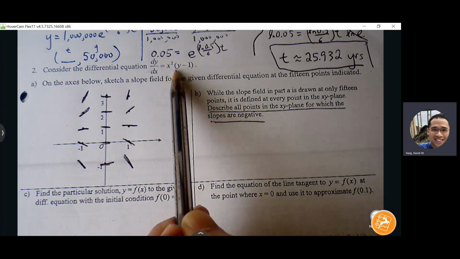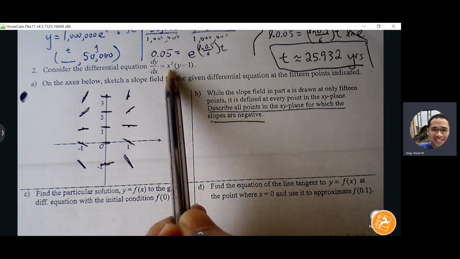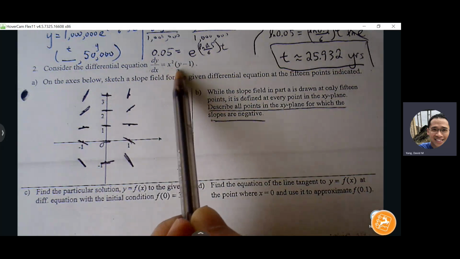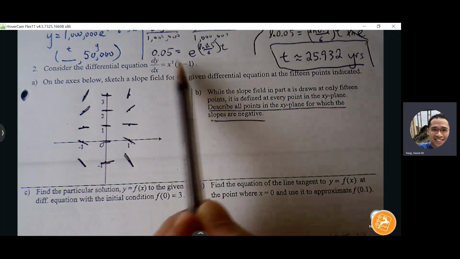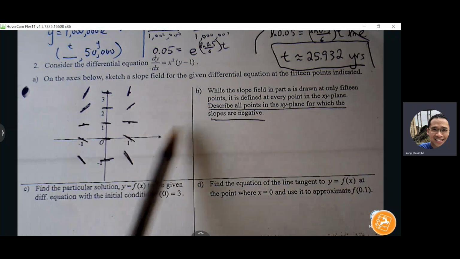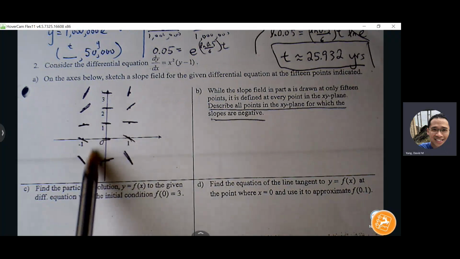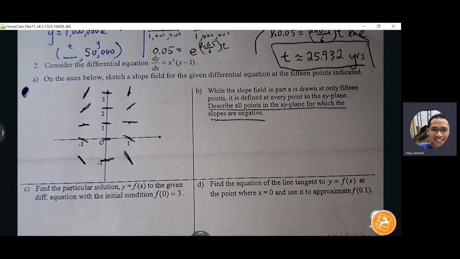Yeah, less than 1, and x doesn't equal 0, right? Because when x is 0, that's going to force it all to be 0. But when x is nonzero and y is less than 1, we know that it's going to start producing negatives, right? So anything below y equals 1 is all negatives, except when you're on the y-axis.